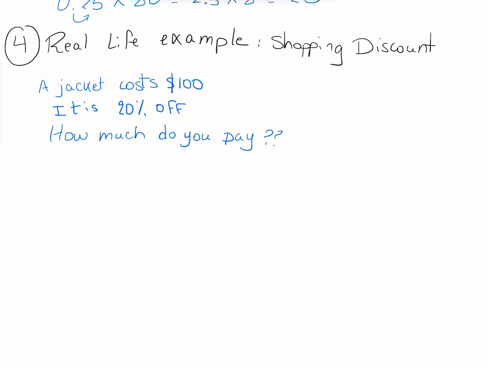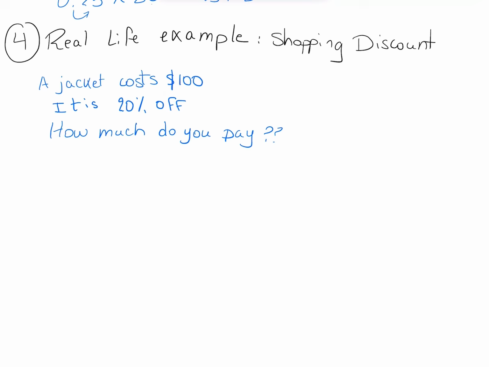I'm going to write this in red as how to answer this. The first step is, what's 20%? Because we're saying 20% off. I'm going to convert to decimals. So it's 0.2.